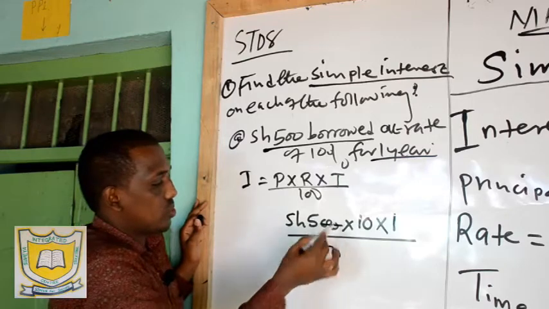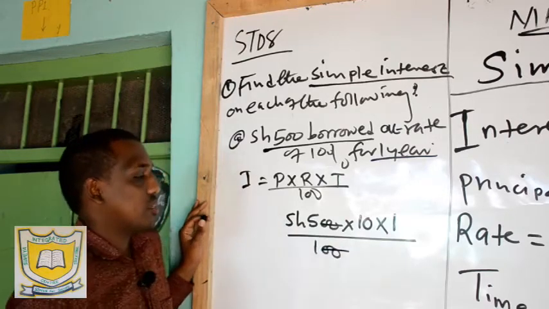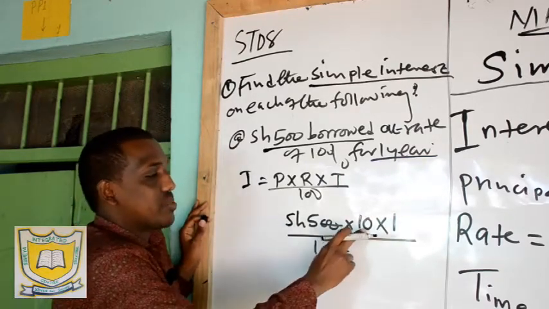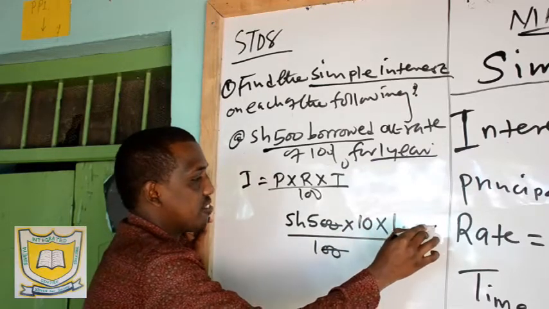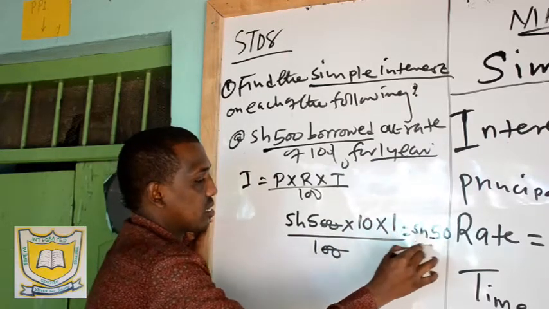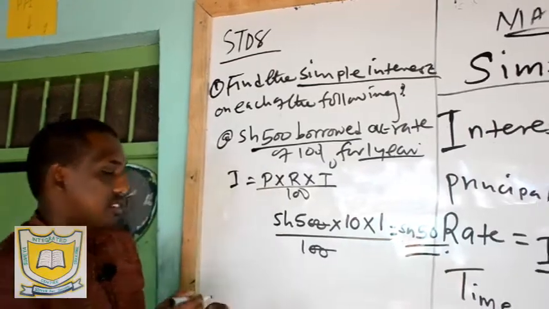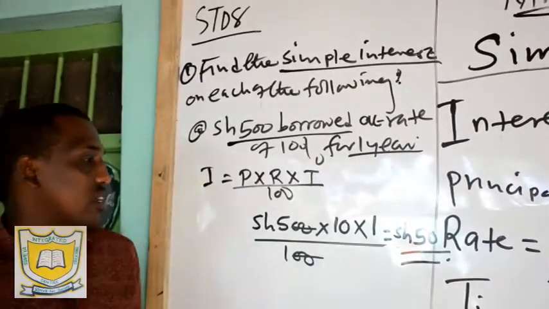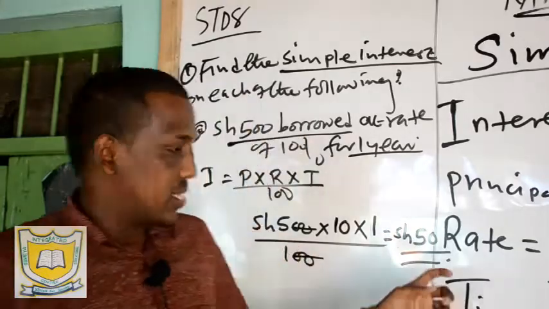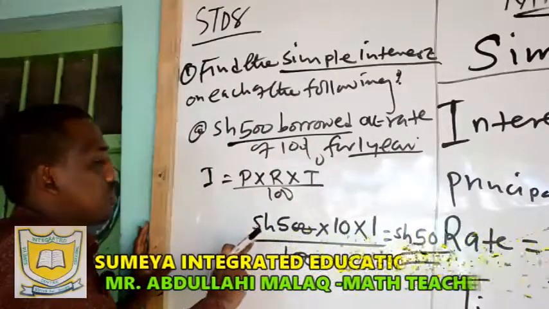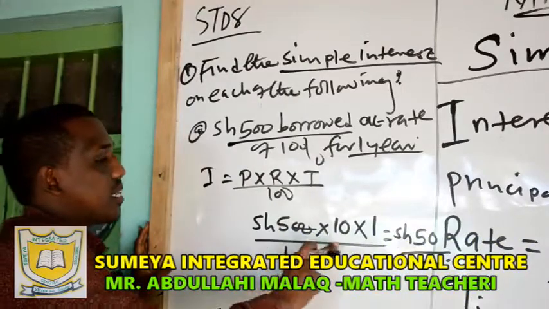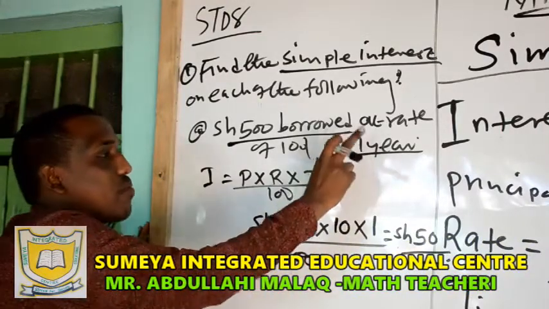You cancel the zeros: 5 times 10 times 1, and you get shillings 50. That is how we do the simple interest.